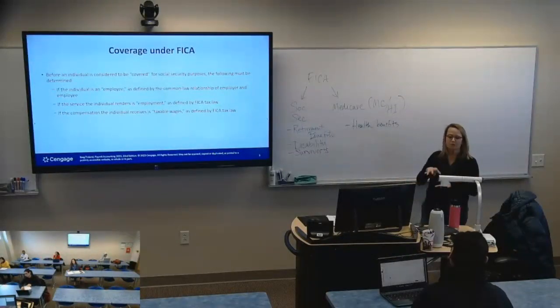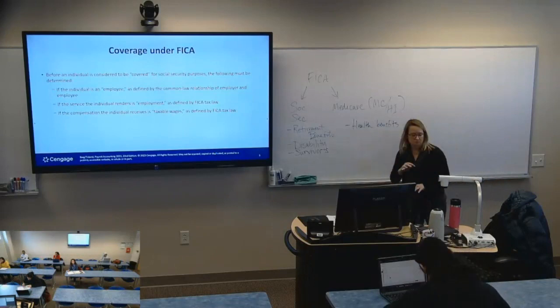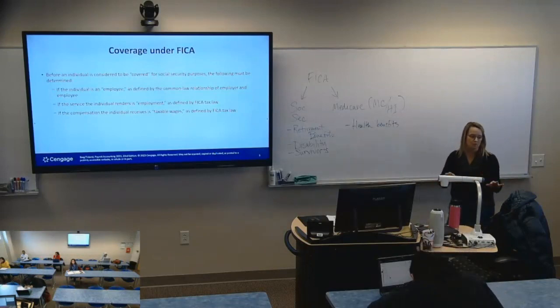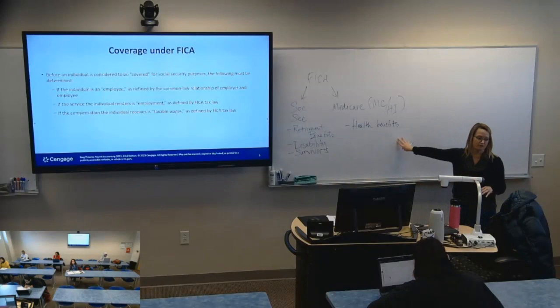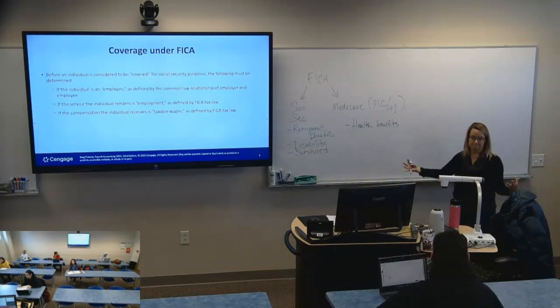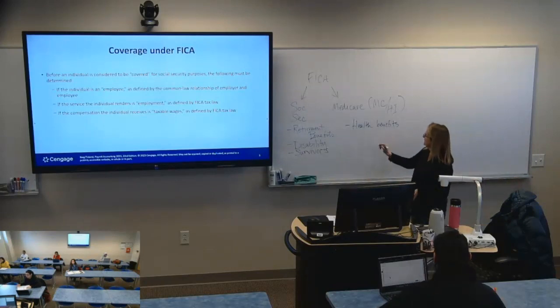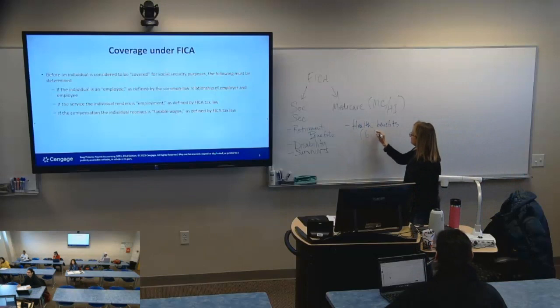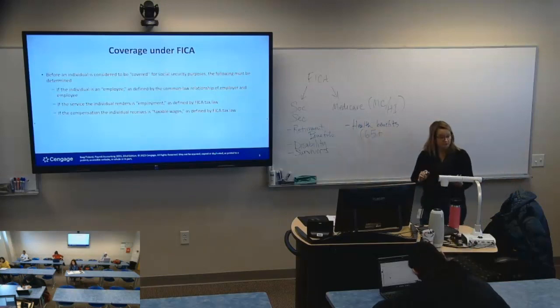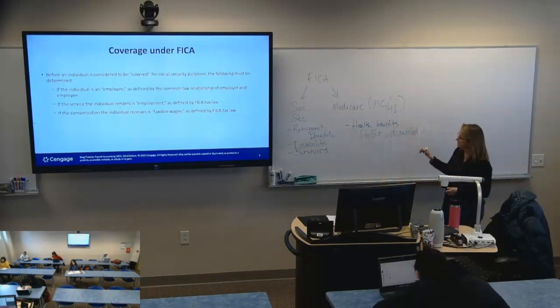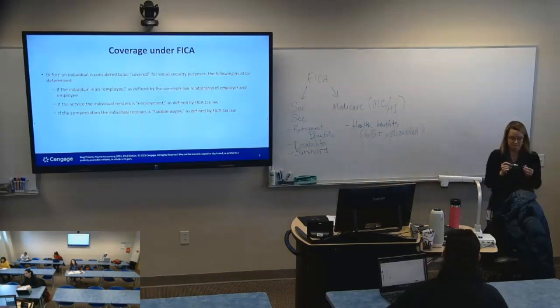So the rest of us who are of working age and who don't have a disability have to get our health insurance from somewhere else, right? This is for 65 and older, and those who qualify as permanently disabled.